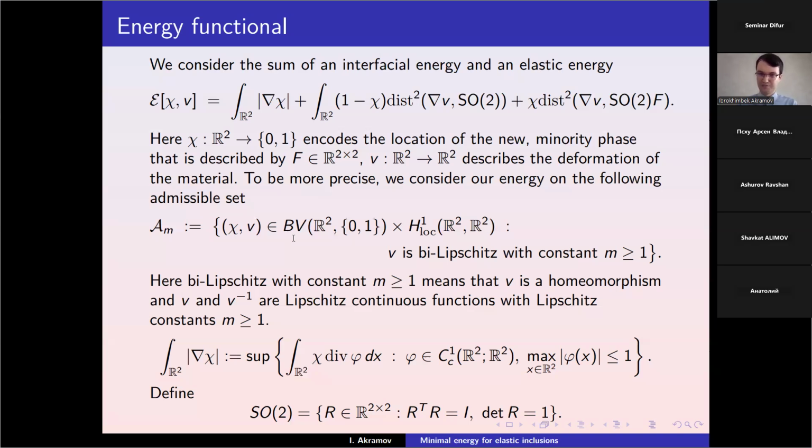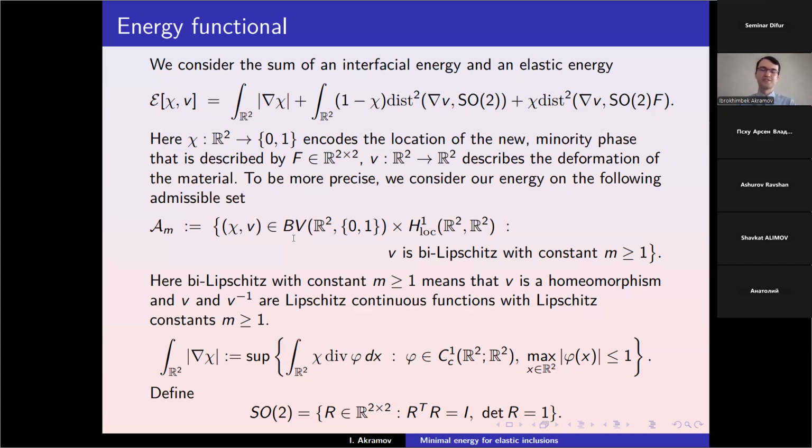In this minimization condition, V is bi-Lipschitz with constant M greater than 1. This condition is absolutely useless, I think. If V is bi-Lipschitz, that's all. Every time you can choose the constant greater than 1. It's not a special condition.